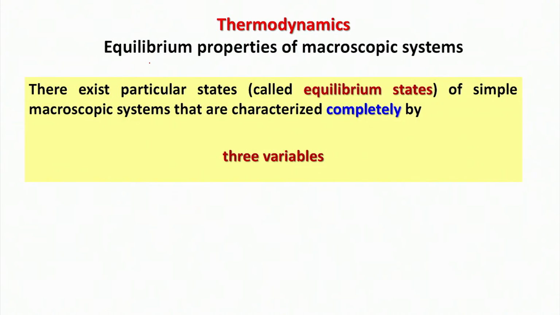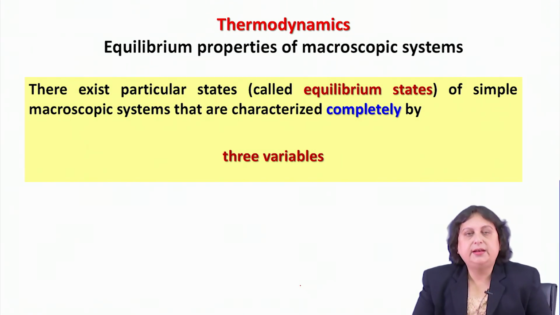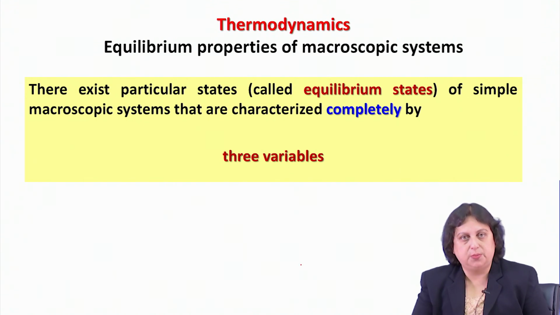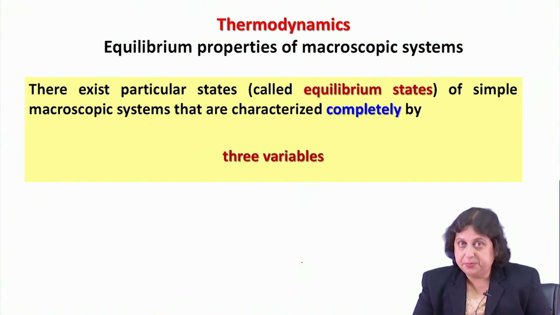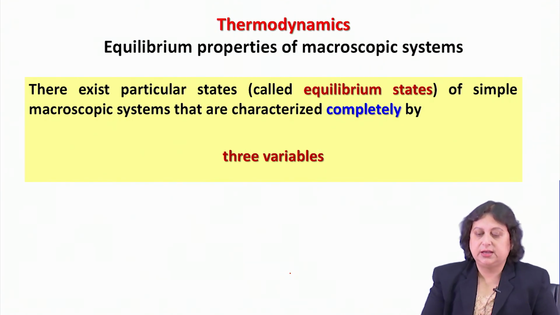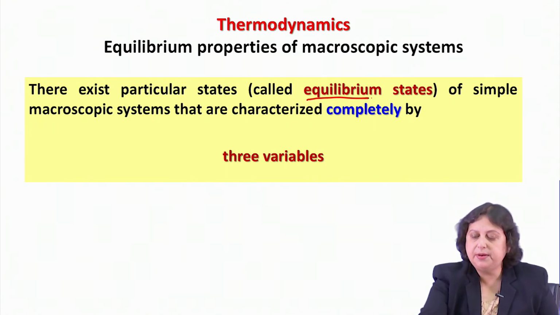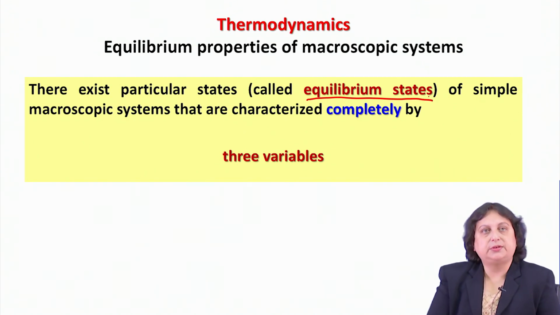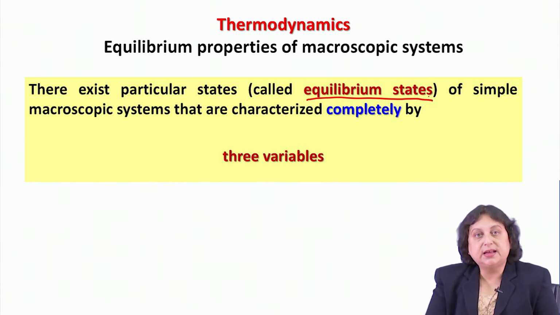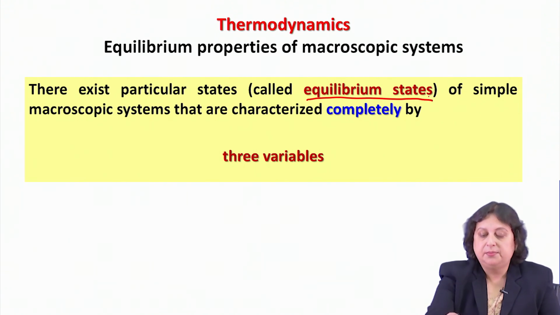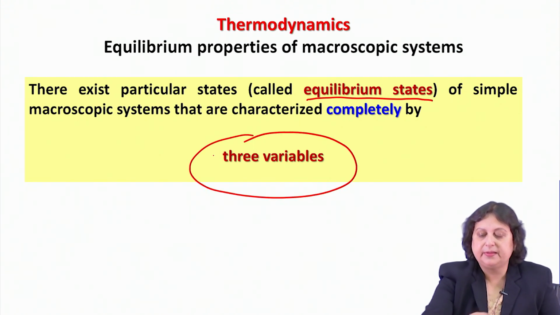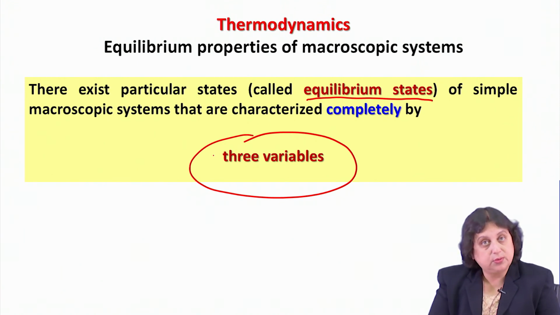And this is exactly what thermodynamics does. Thermodynamics does this incredible job of providing a simple general description of this wide variety of systems. And it says that there exist particular states called the equilibrium states of simple macroscopic systems that are characterized completely by 3 variables, and 3 variables only.